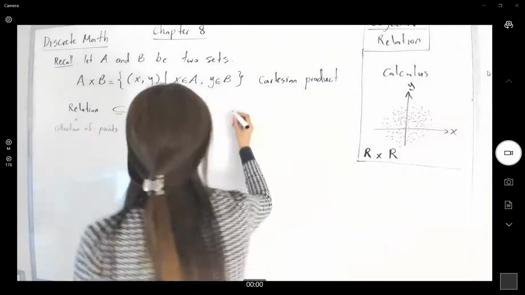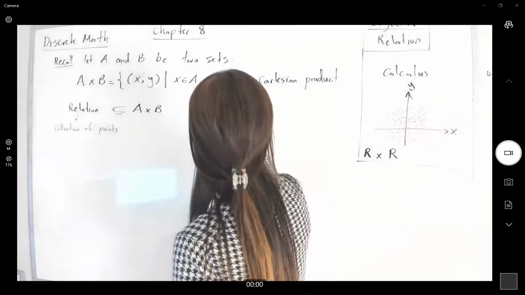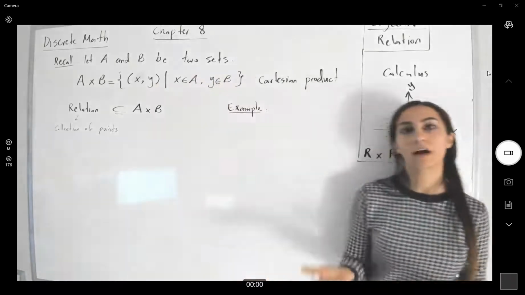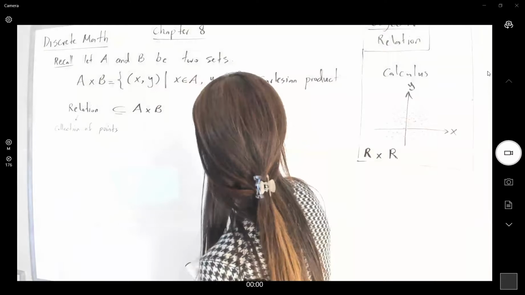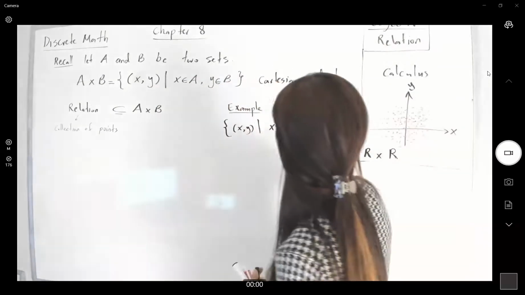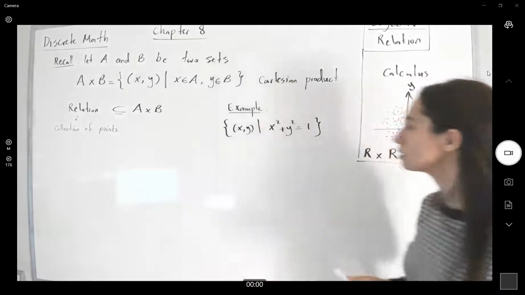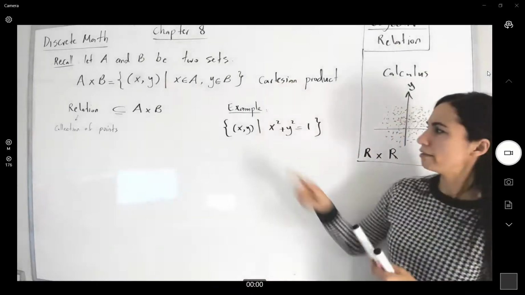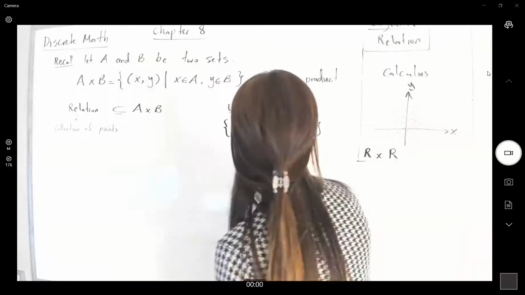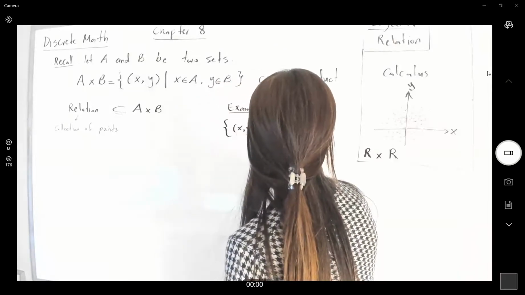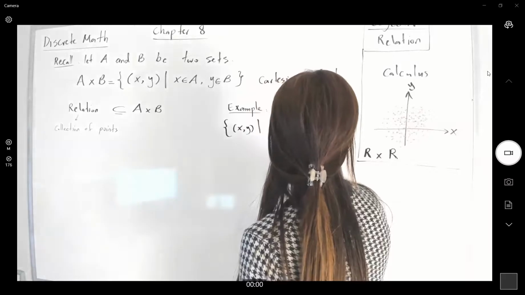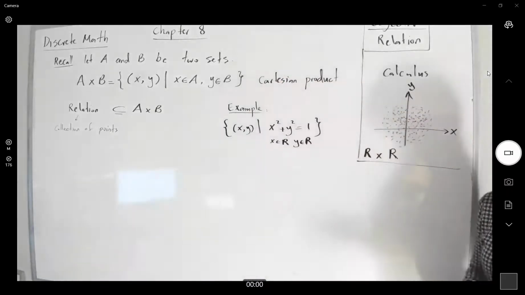So, for example, if I consider the set of all (x, y) such that x squared plus y squared is equal to 1, we say, okay, I know this relation. I suppose this is in R, x in R, y in R. Otherwise, you have some dots in the XY plane.